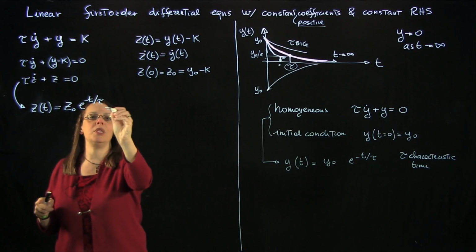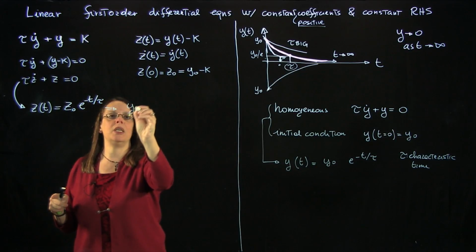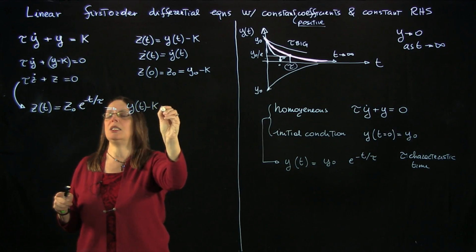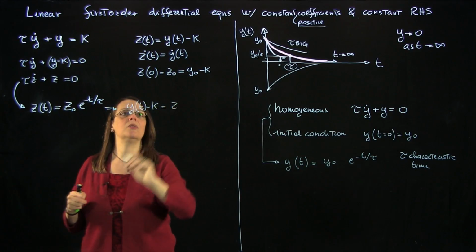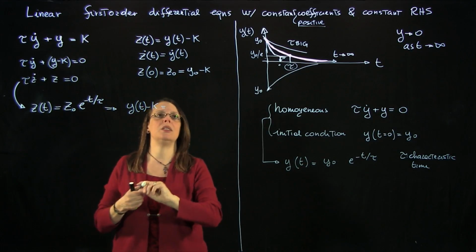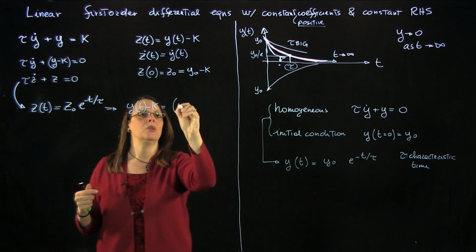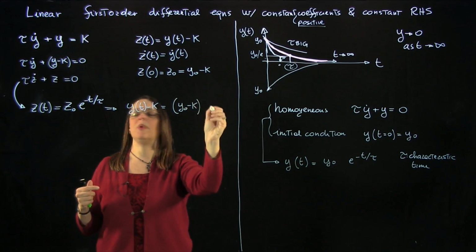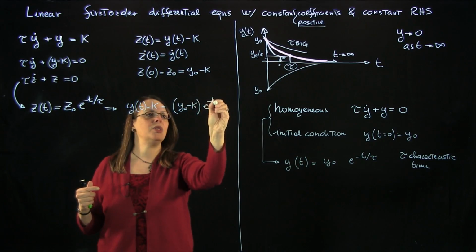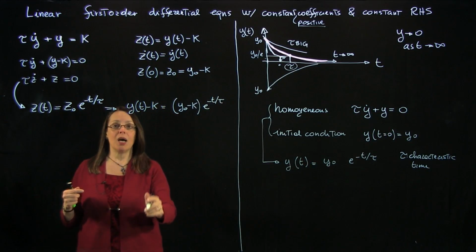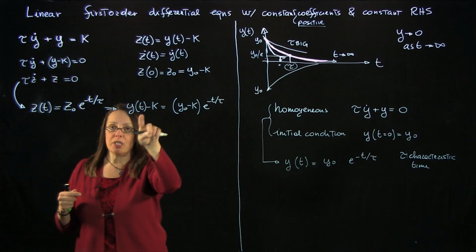So I can write from here that y of t minus k is equal to z0, y0 minus k, that multiplies e to the minus t over tau. Well, guess what? This is the equation for y of t.